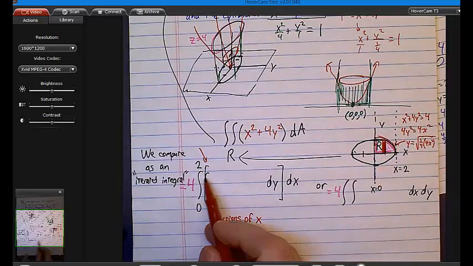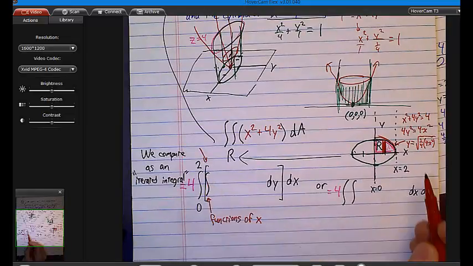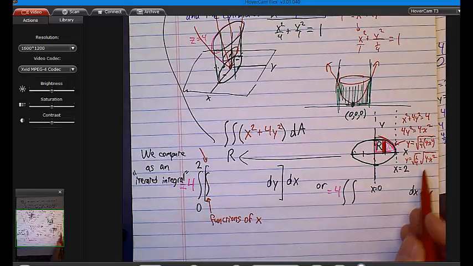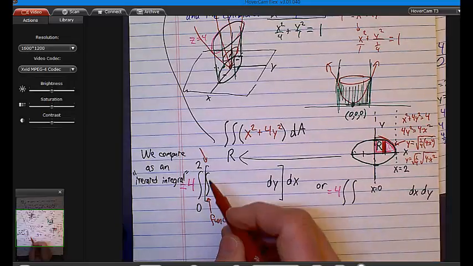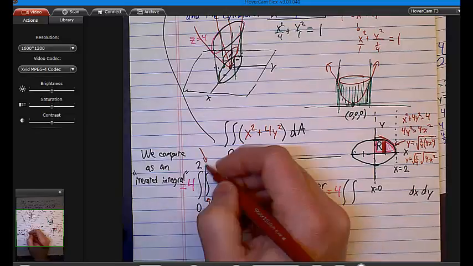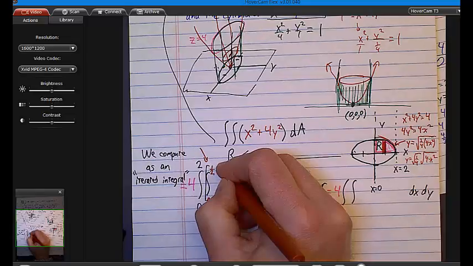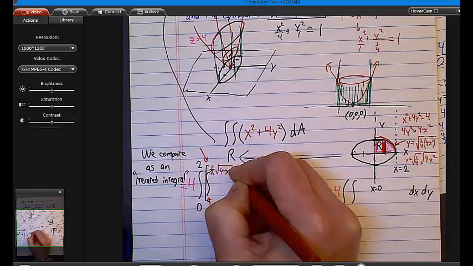And so the upper limit, what you would see written here, and actually you could simplify that, right? If I take out the square root of 1/4 times the square root of 4 minus x squared, right? That's what y equals. That's that upper curve. And so what I have here is just 1/2 the square root of 4 minus x squared.